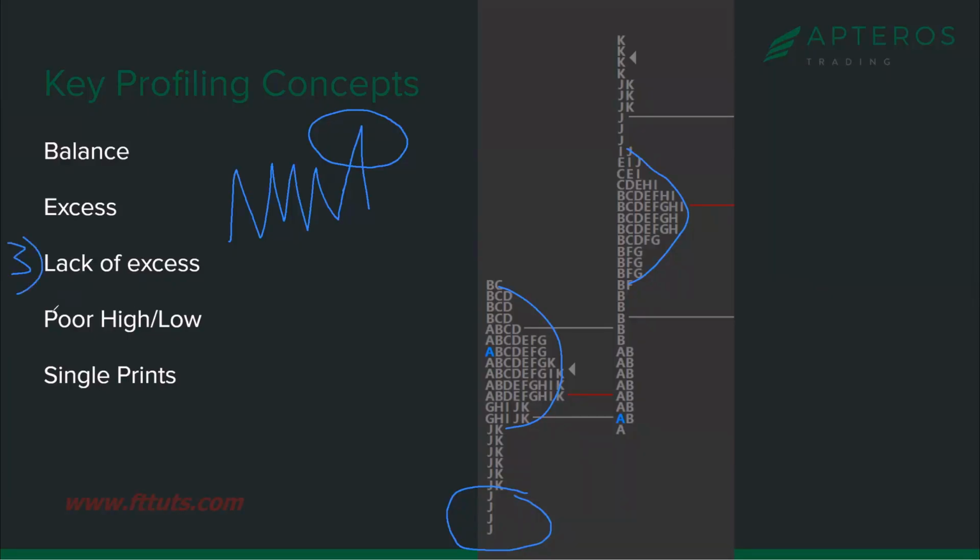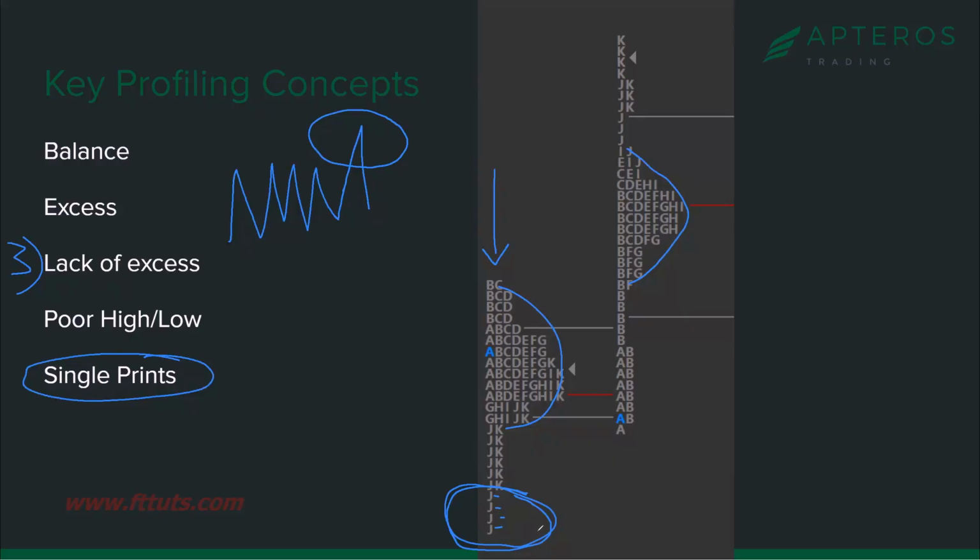Which brings us to our third point here. Where do we have lack of excess? Let's look at the other end of this first profile. Look at the top here. There's no swift rejection because, maybe I should have ordered these differently, but we've got to talk about single prints. Down here, we had single prints. There's only J, J, J, J, only a single column of letters.